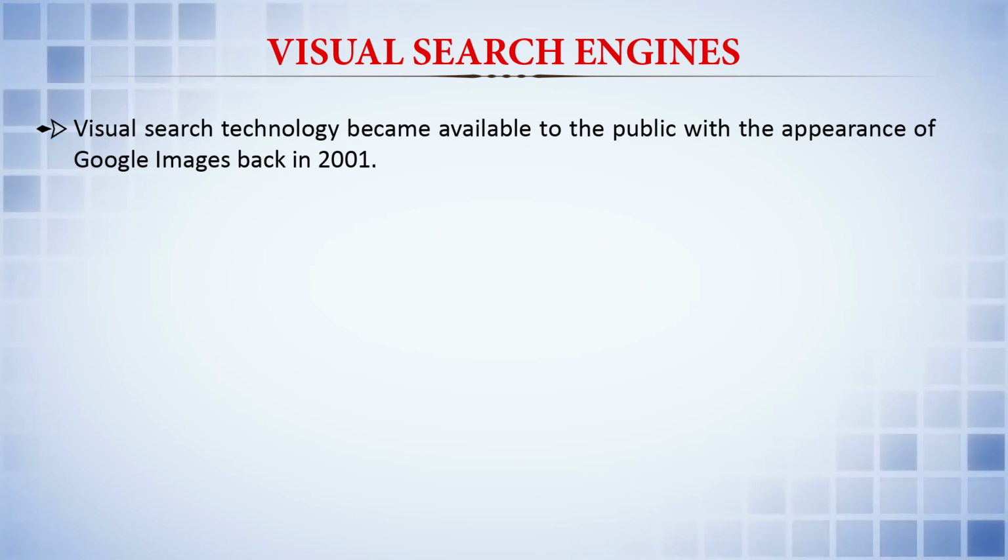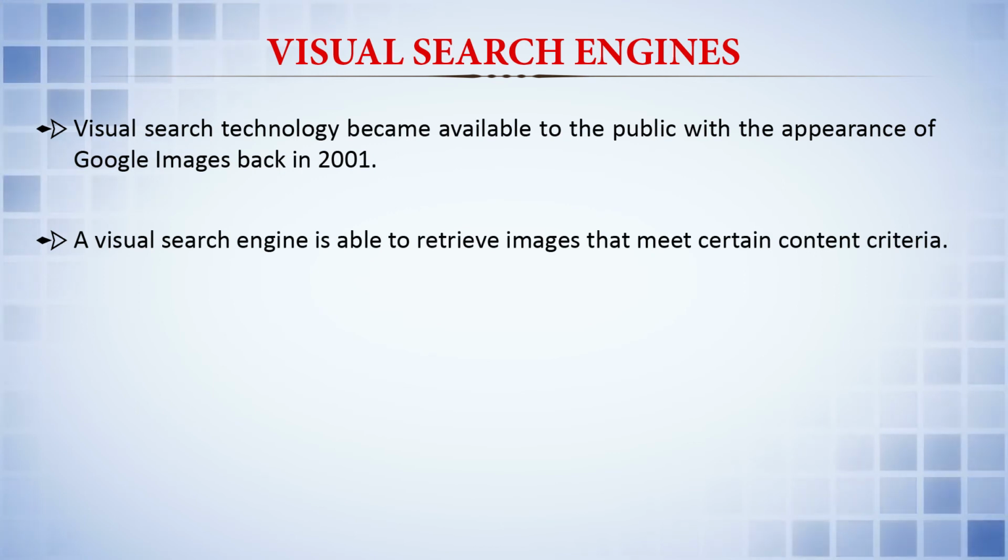Nowadays you can select the category also, like all, web, images, videos, clip art. A visual search engine is able to retrieve images that meet certain content criteria. That is the goal of the visual search engine.